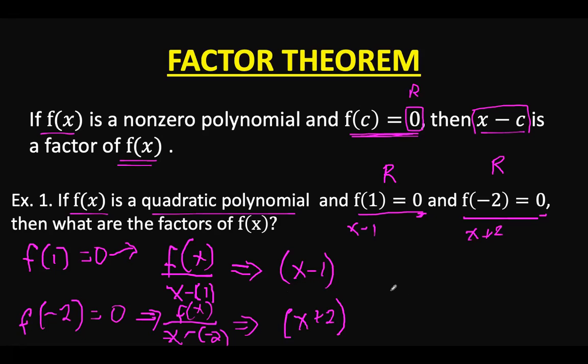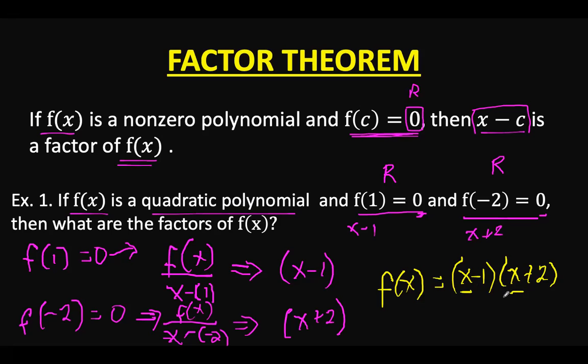Okay, eto na. Since factors tong dalawa, pwede nating isulat na f of x is equal to x minus 1 times x plus 2. Okay? Since factors silang dalawa. Alright? Now, sabi dito, quadratic polynomial si f of x, which means ang highest degree niya ay 2. So therefore, pag minultiply natin to, magkakaroon tayo ng x square. Diba?